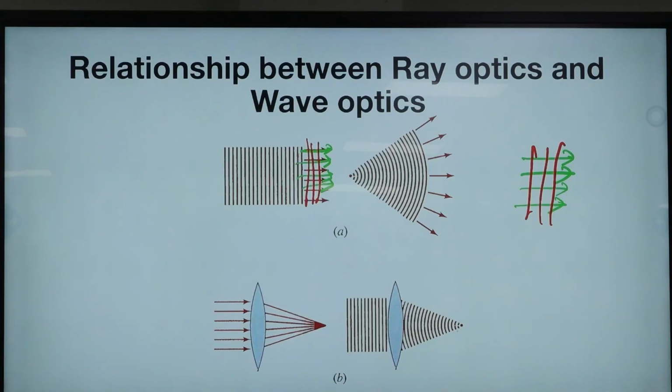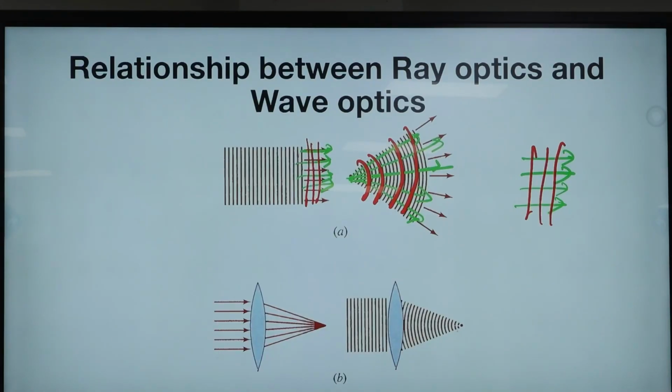Similarly, for spherical waves, you have rays going from one point away in all different directions, and that is equivalent to the wavefront going away in all different directions in wave optics.